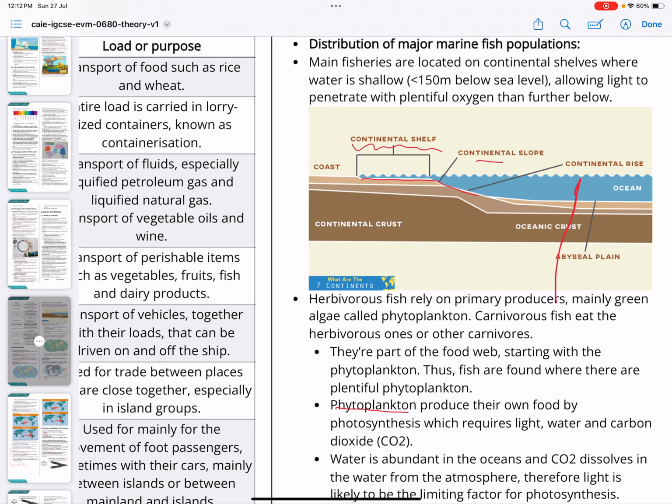This is the point where majority of the fish are found, and the fishermen go there and fish there. The question here arises: why are majority of the fish accumulated at the continental shelf?